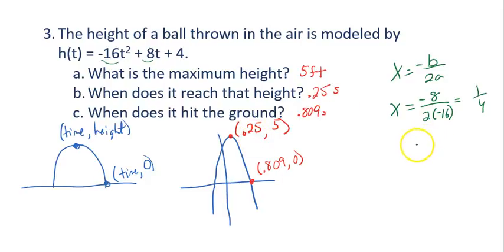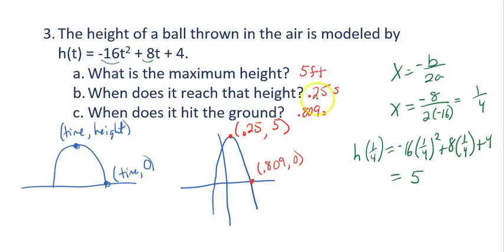And then if you plug that back in, h of 1/4 or 0.25, you get negative 16 times that squared plus 8 times 1/4 plus 4. That will give you 5. And so you get the same values that you get at that maximum point.